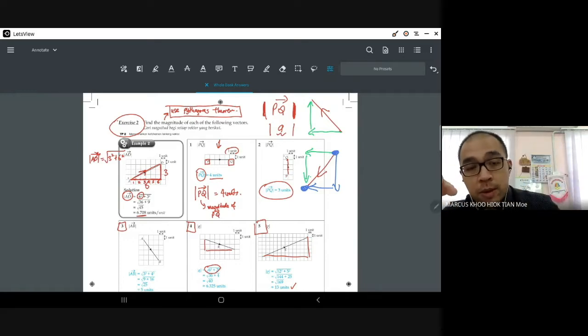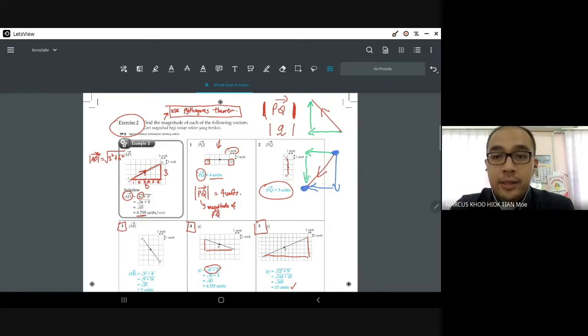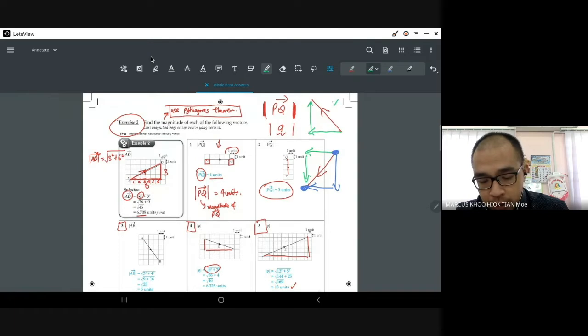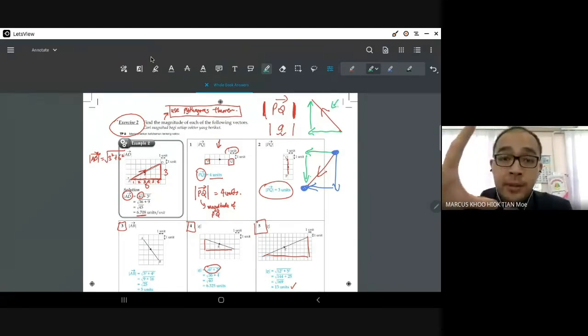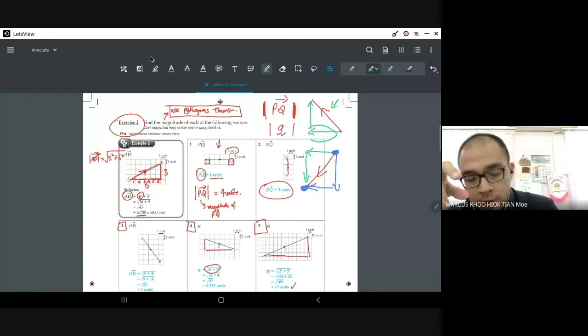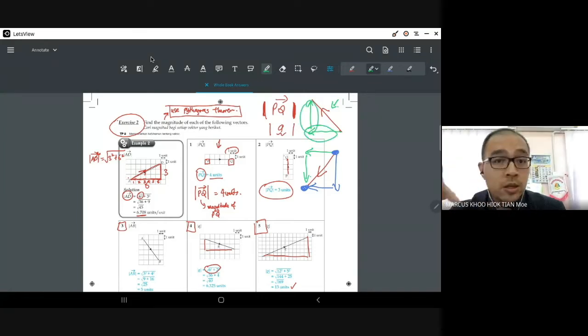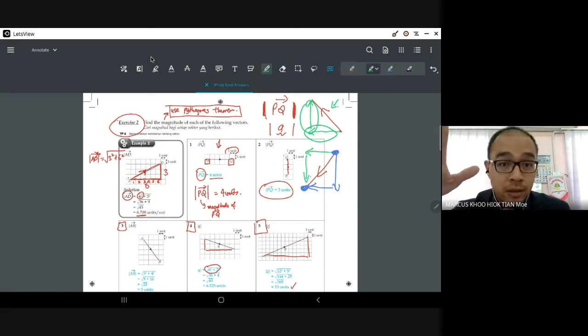Just to remind you that any vector, especially ones like this one, we can split up into one horizontal and one vertical, so that we can calculate using Pythagoras theorem.